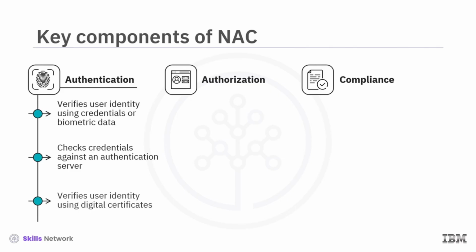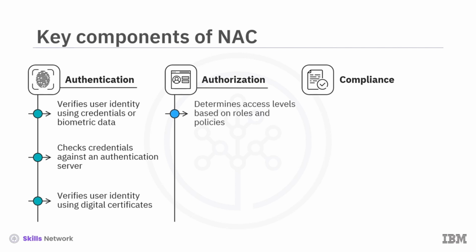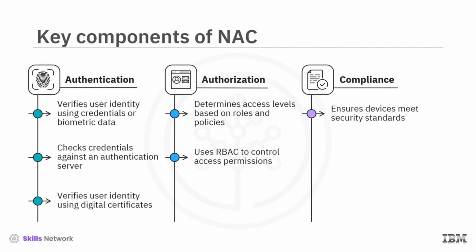Authorization, on the other hand, determines the level of access granted to authenticated users and devices based on their role and predefined policies. Authorization works on policy enforcement and RBAC, role-based access control, to control who can access what data. Lastly, compliance enforcement ensures that the devices requesting access meet security requirements. This includes regular assessments of devices and remediation using necessary updates and security patches.